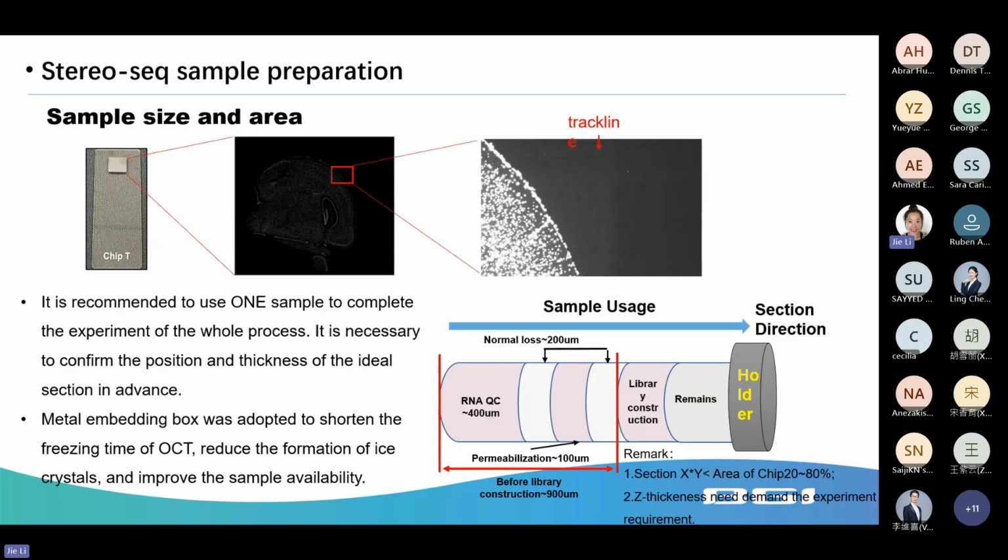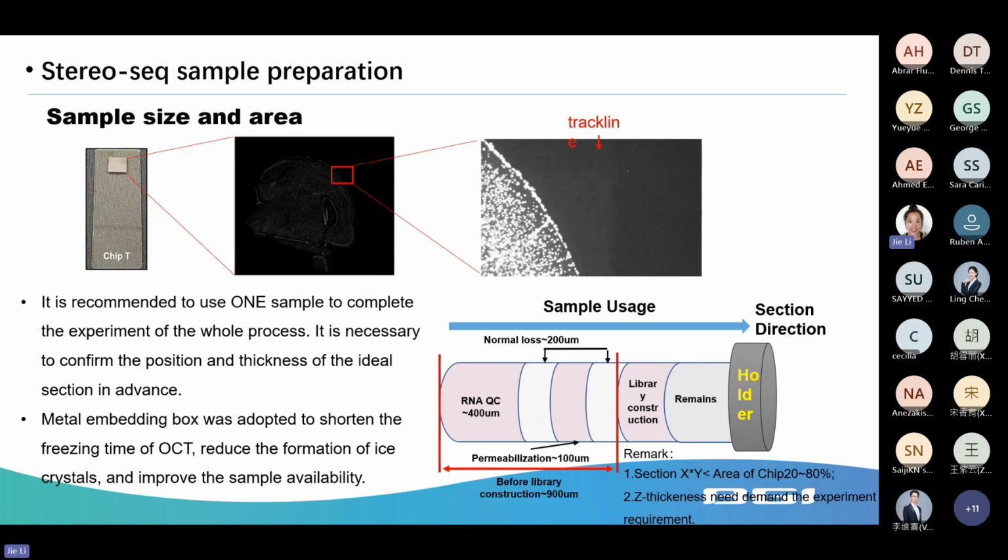And here are also some suggestions about our sample preparation. Here are our Stereo-seq chips. You can see we have one capture region on each chip, so it's necessary to confirm the position and the thickness of your samples to place on these chips.